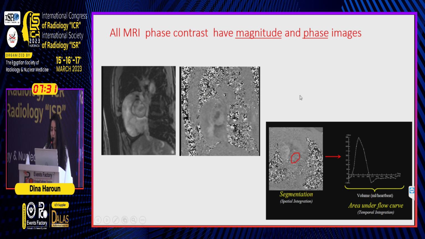And this is how we post-process the data of the 2D flow. We do segmentation on the phase contrast images and acquire a flow across the time to interpret the amount of flow, the direction of flow, and velocity across the time. That is the 2D flow.